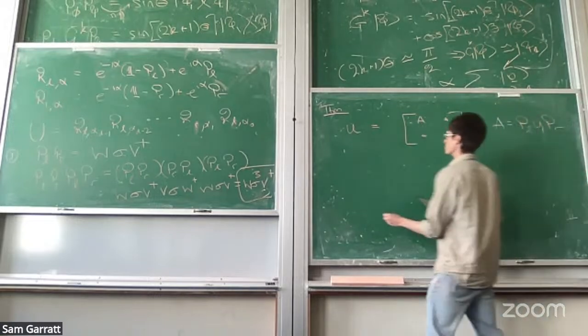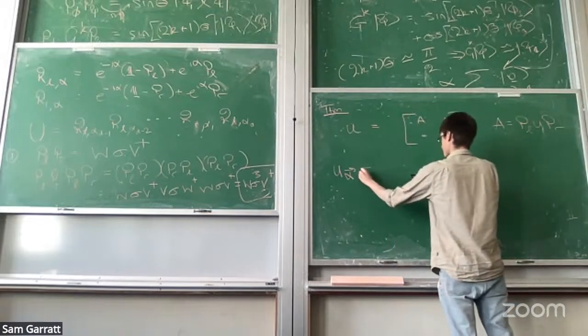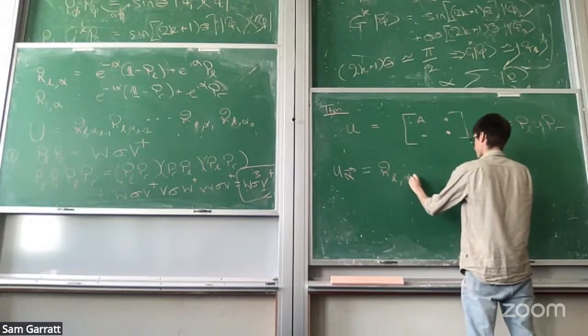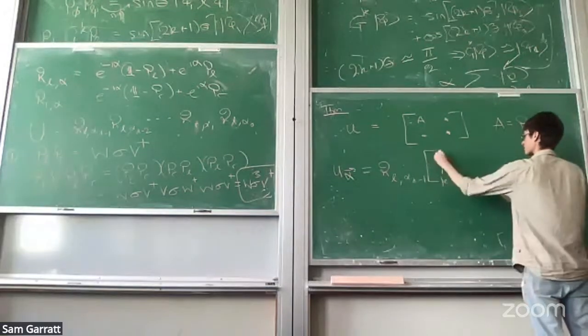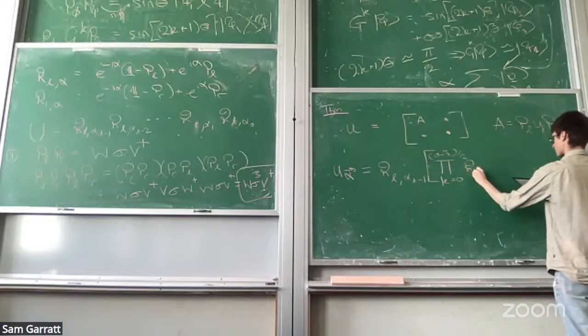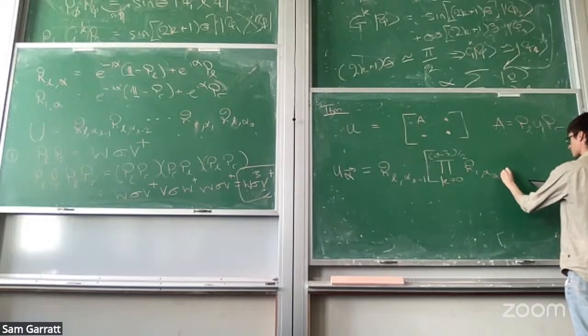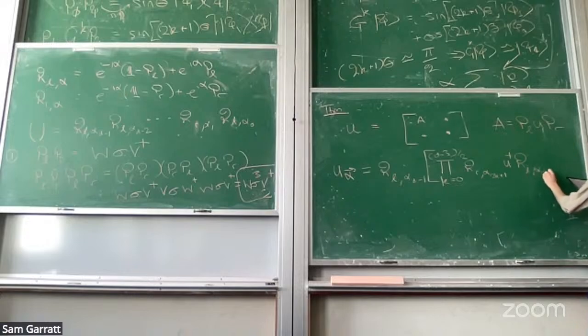So the idea is that what you do is you construct something, let's call it U alpha. We construct this thing U alpha, which is just this sequence of generalized reflections conjugated by this initial unitary.